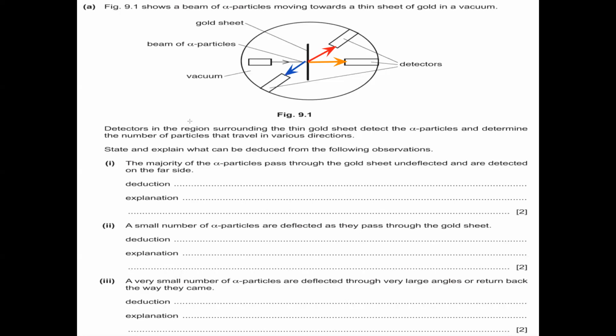The detector determines the number of particles that travel in the various directions. State and explain what can be deduced from the following observations.